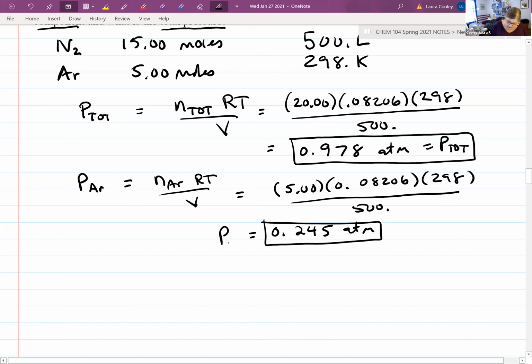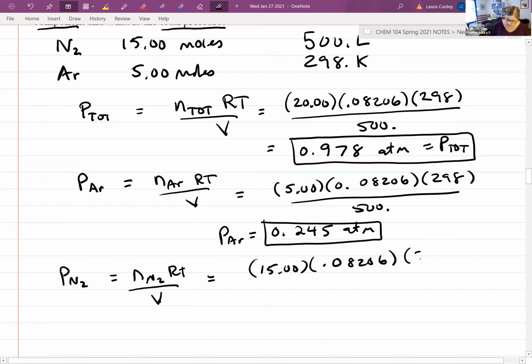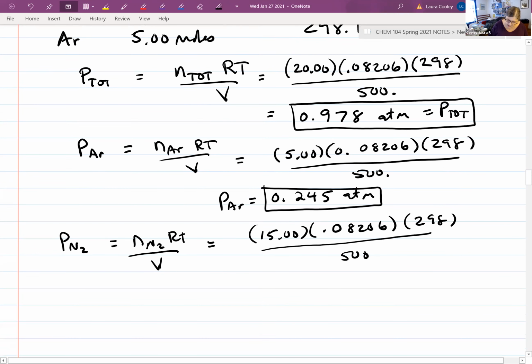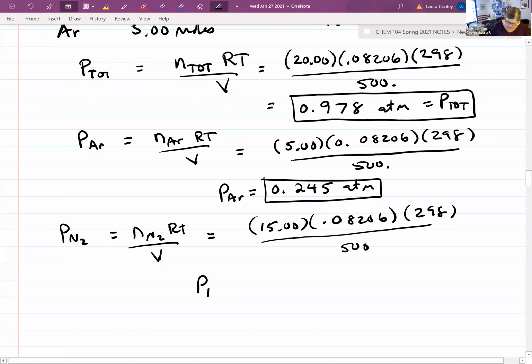That's PAR. And then PN2 is NN2 RT over V, which is 15 times 0.08206, 298. There's a lot of writing doing it this way. And you end up with the partial pressure of nitrogen being 0.734 atmospheres.